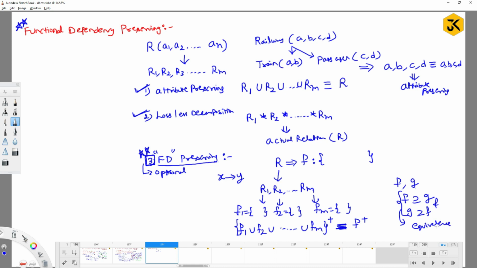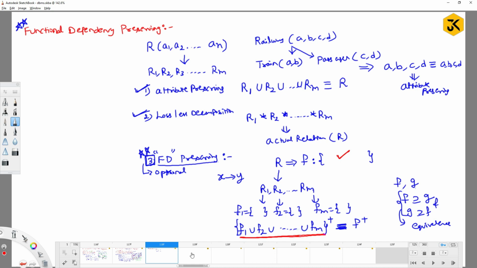But here I am not talking about equivalence. Whatever functional dependencies are there in the actual set of functional dependencies, those should be preserved in the subrelations' functional dependencies also. Then I can call it FD preserving.